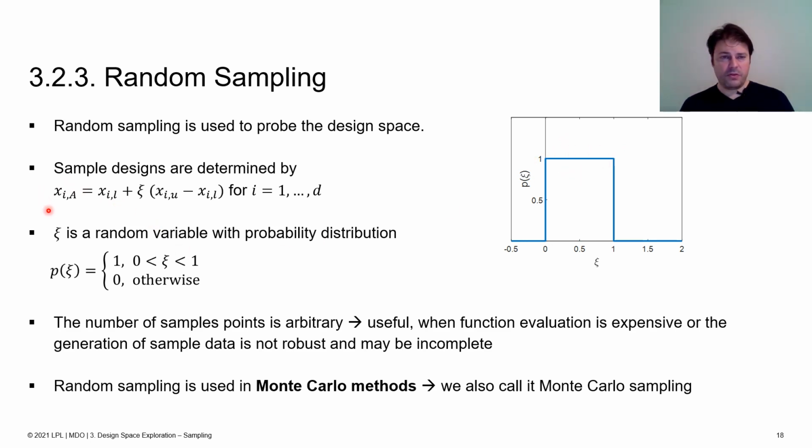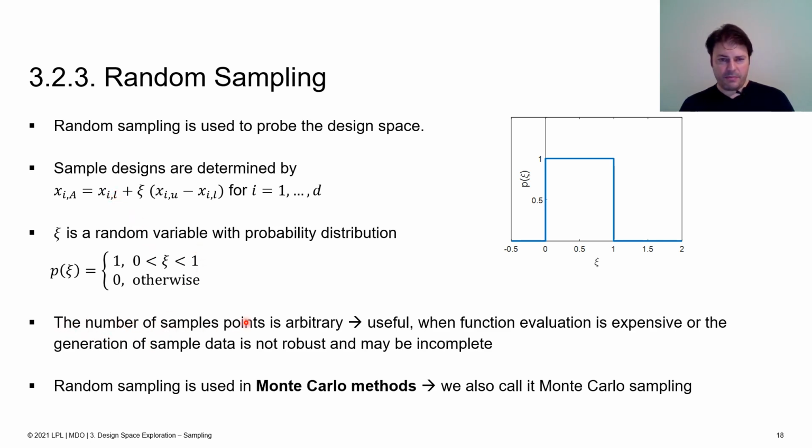And you compute your sample points using this formula. So for each design variable, you have a lower limit and an upper limit of your design space. And xi tells you where on that design space interval for that design variable your design will be located.